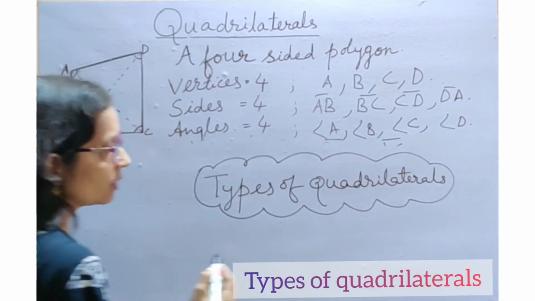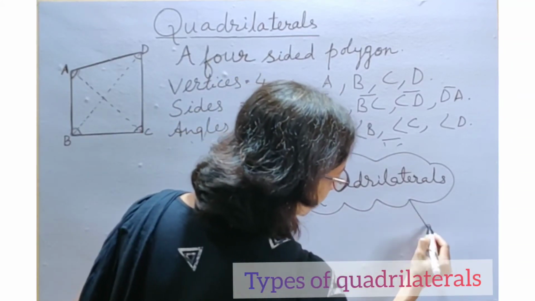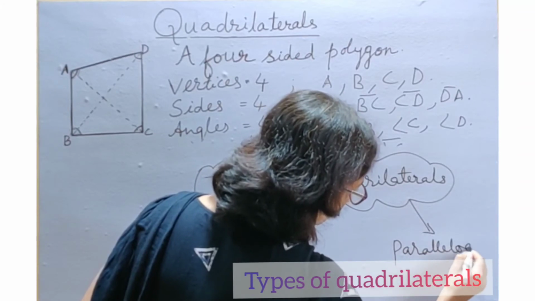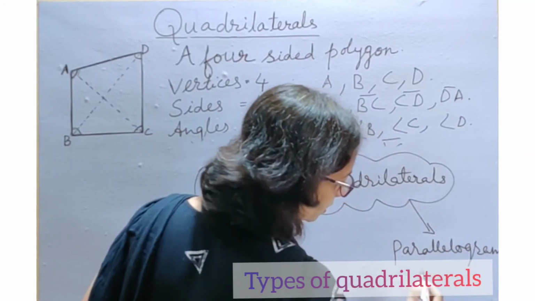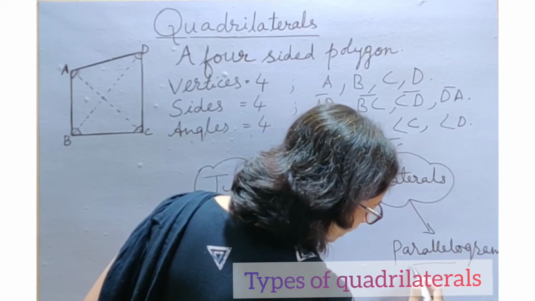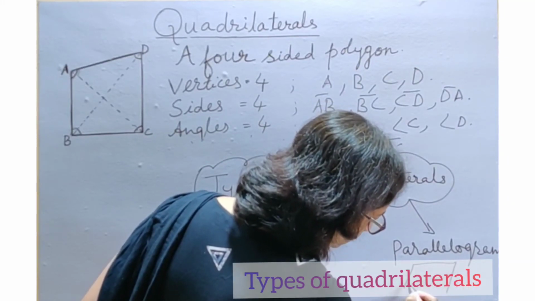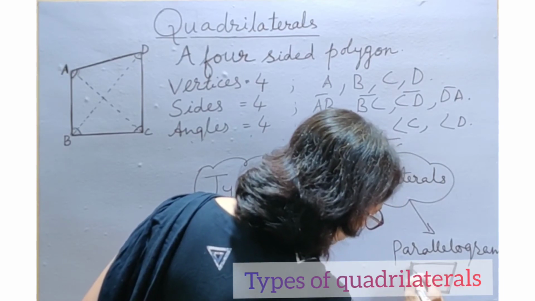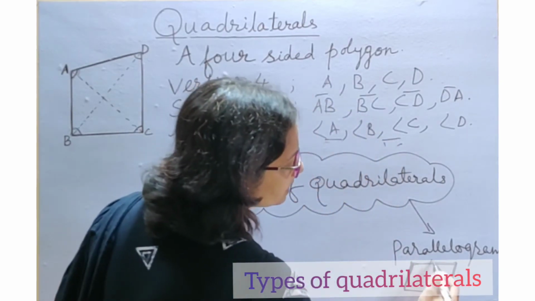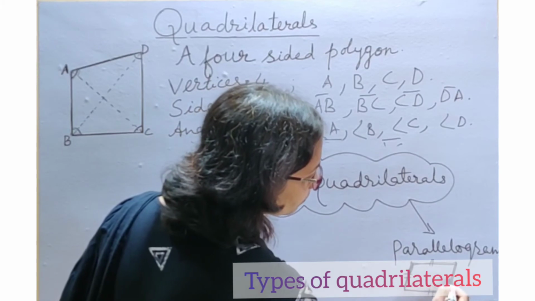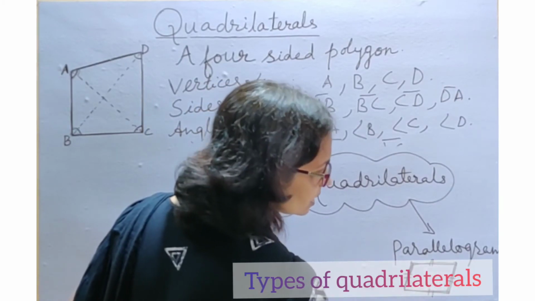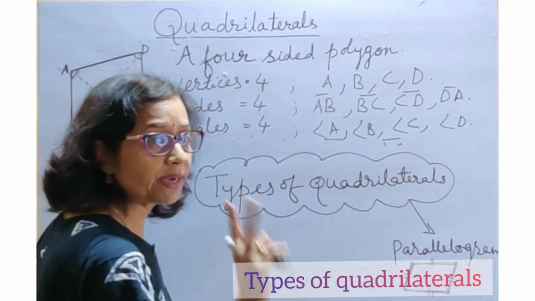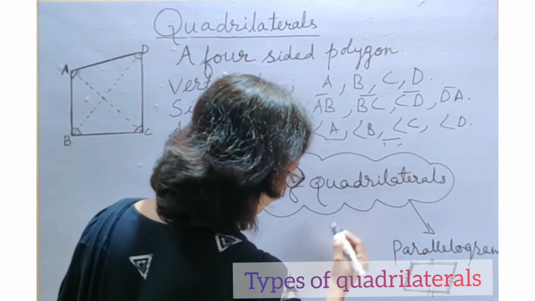First type is a parallelogram. A parallelogram has four sides, four vertices, four angles, and opposite sides are parallel to each other. So two pairs of parallel sides make a parallelogram.